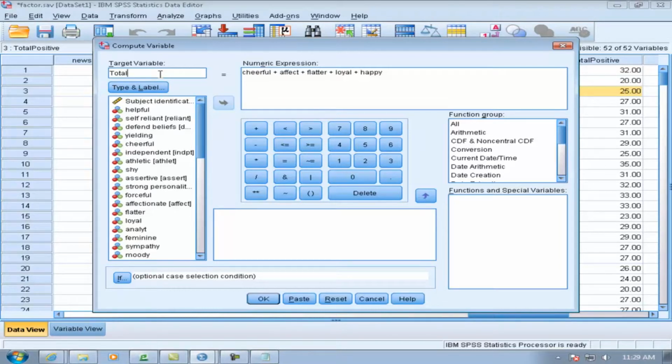What's the theme? Self-reliant, self-sufficient, so be okay, self-reliant, okay.